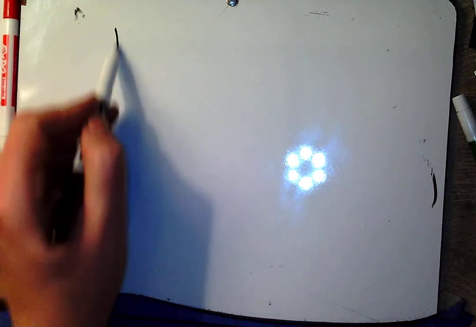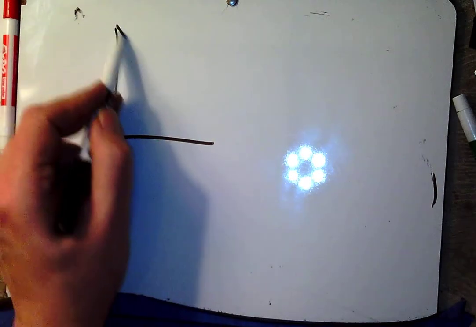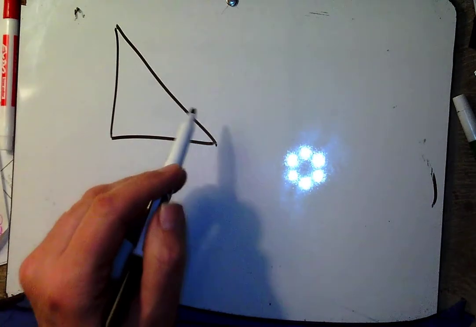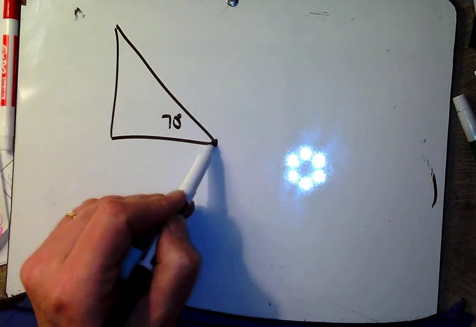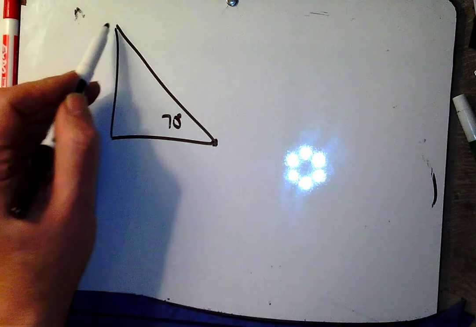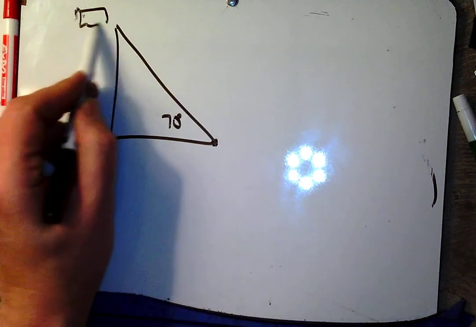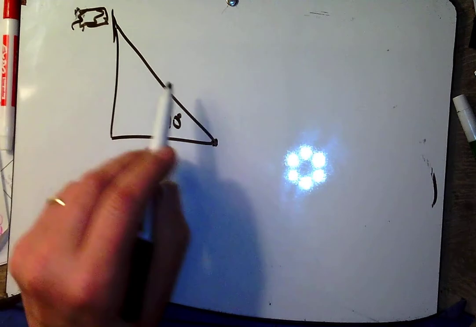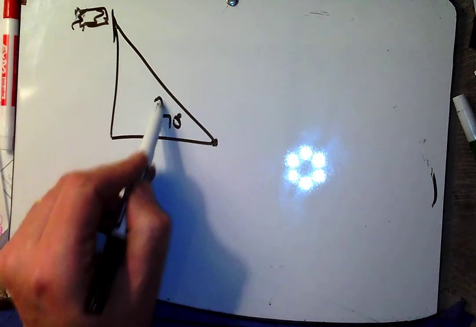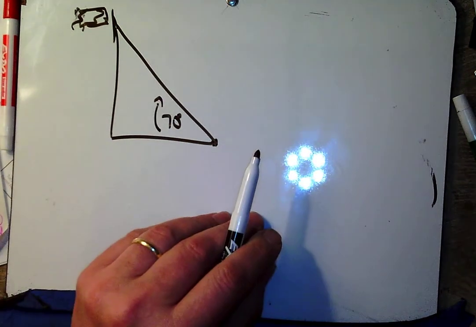Okay. We have a flagpole at school by the library. The angle of elevation from the little ant's head to the top of the flagpole, the waving flag, is a 70-degree angle of elevation.